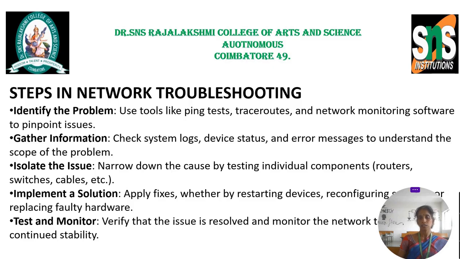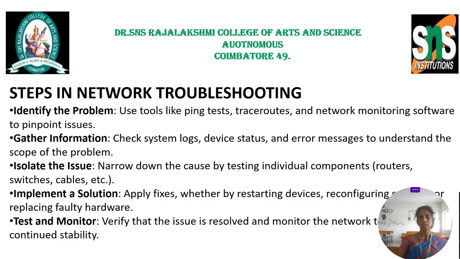We can use evidence sources like system logs, device status and error messages to understand the scope of the problem. This proof helps to identify what types of errors can occur during the transmission time. That we call gathering information in troubleshooting.